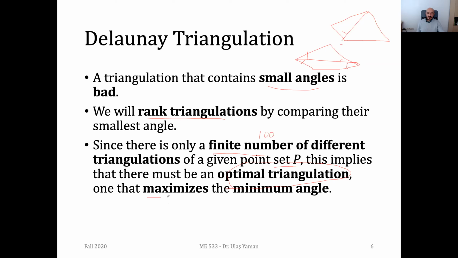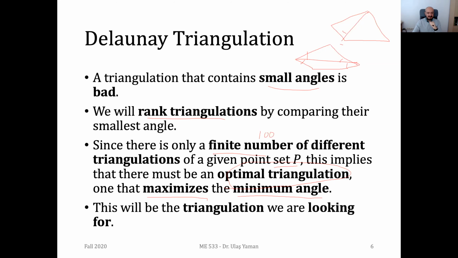We are trying to maximize the minimum angle of these triangles. That will be our goal, and once you have it, then you have the Delaunay triangulation. The other triangulations are simple triangulations, but we are looking for a unique triangulation which has the maximum of minimum angles.